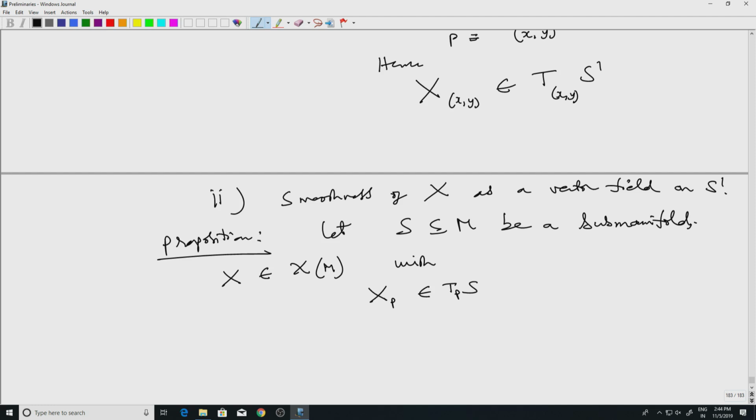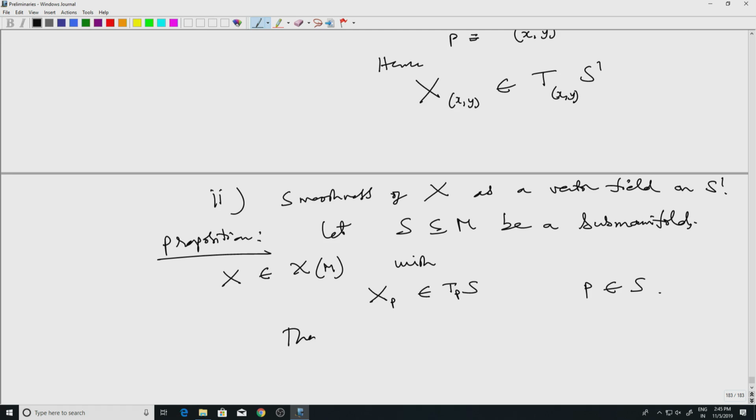So to begin with, for an arbitrary vector field, X at a point P, wherever the point is, it won't care. If the vector field is arbitrary, then there's no requirement that X at P should belong to T_P S. But we demand this condition.